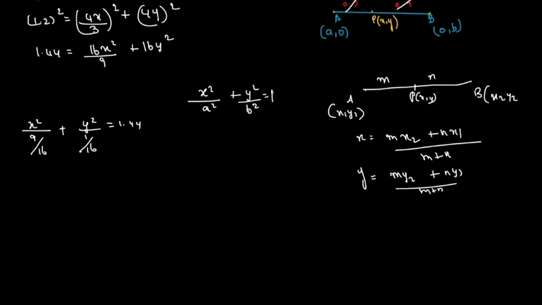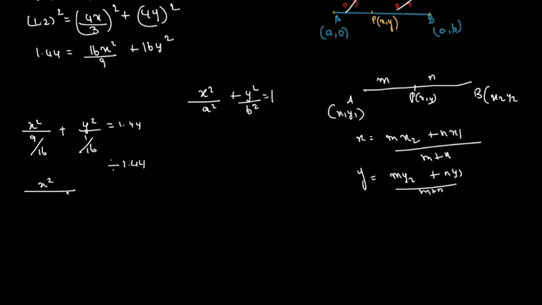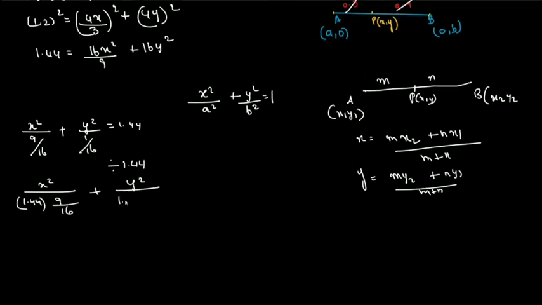We need 1 on the right hand side. The standard form has 1 on the right. So divide by 1.44. So this is x square by (1.44 into 9 by 16) plus y square by (1.44 into 1 by 16) is equal to 1.